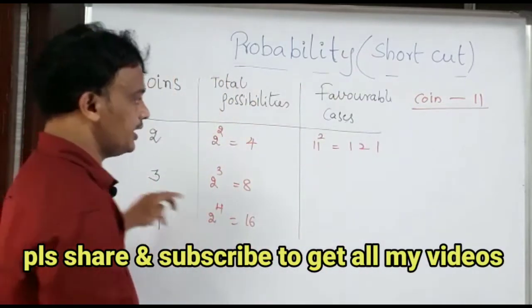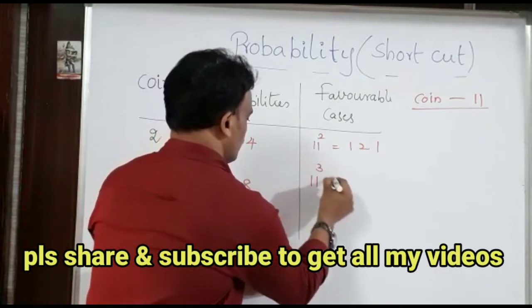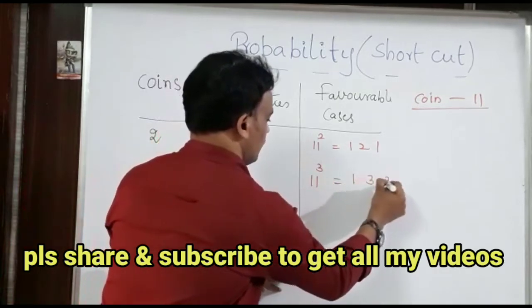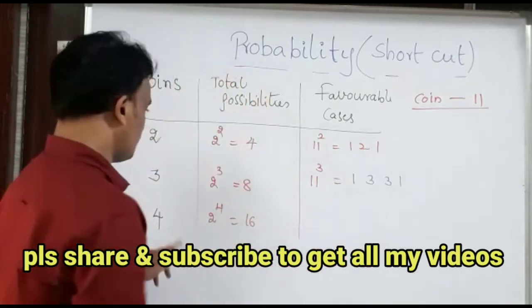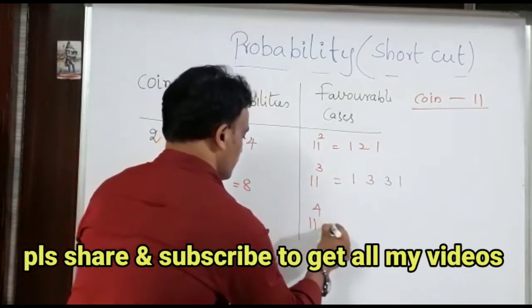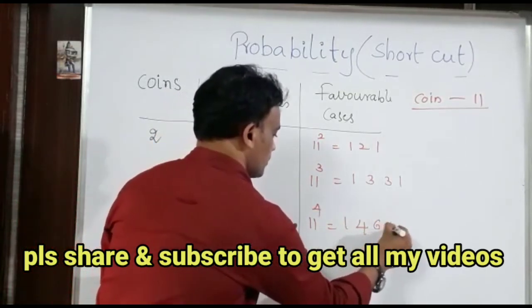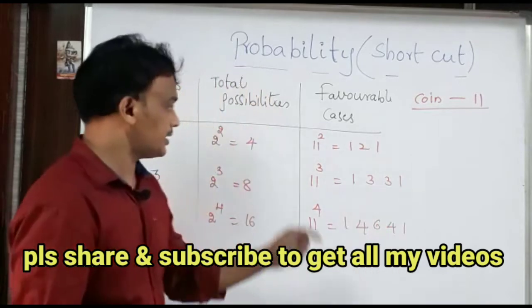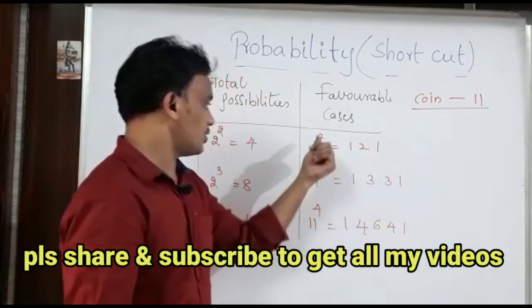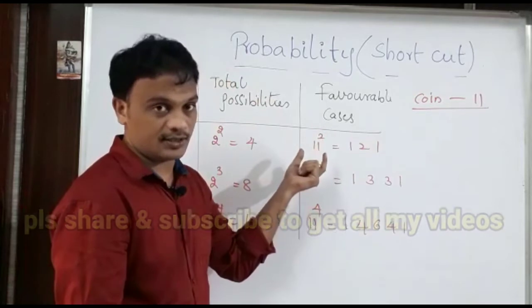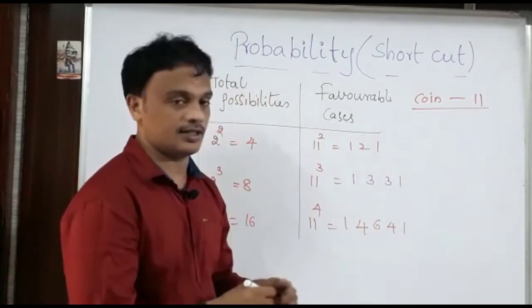When the coin is tossed 3 times, 11 cube is 1331. When the coin is tossed 4 times, 11 power 4 is 14641. Let us see how you can get the favorable cases using this secret.